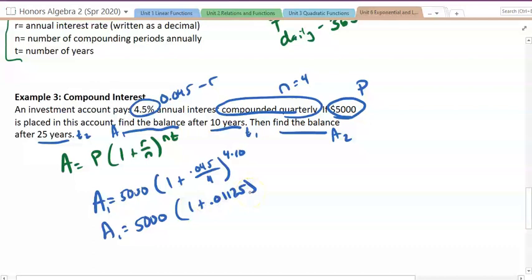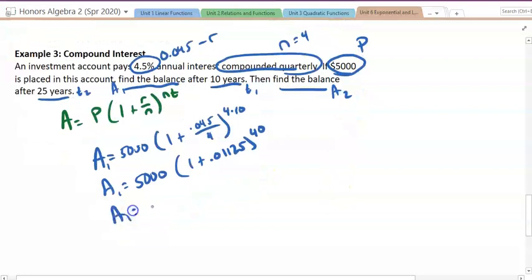Keep all the decimal places here, please. Do not round this. And 4 times 10 is 40. And so A sub 1 is equal to 5,000 times 1.01125 to the 40th.